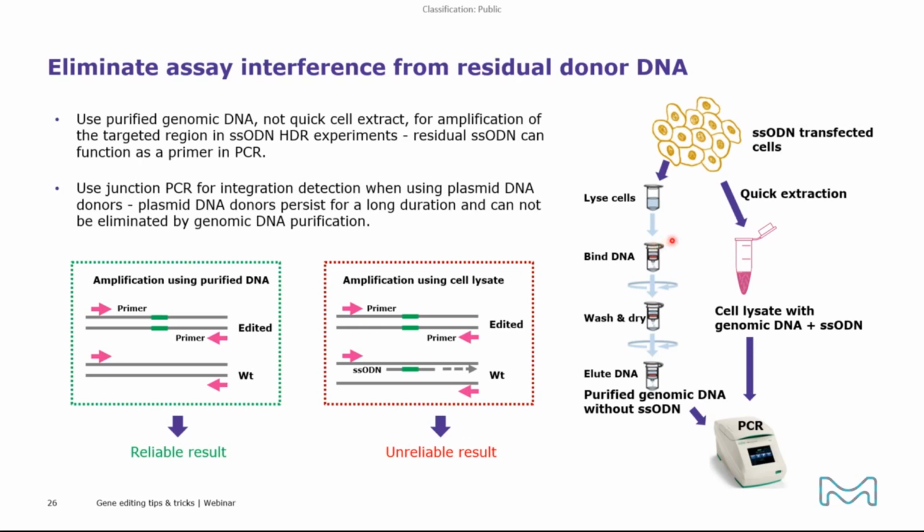Do not use QuickExtract for amplification, because QuickExtract contains residual oligos and can lead to unreliable results or false positives. And as illustrated here, residual oligo donors can act as primers in PCR amplification and produce PCR products that carry the modification and interfere with your assay.